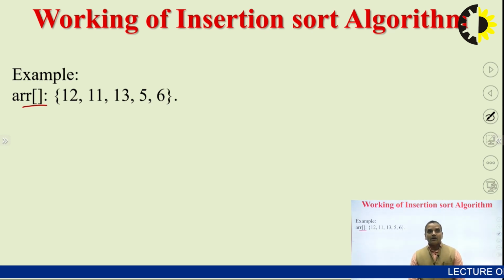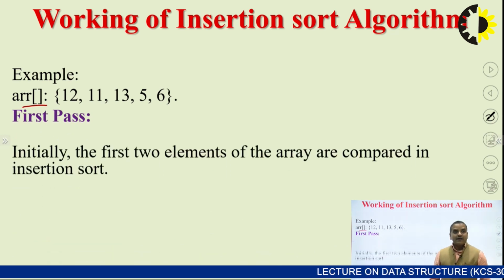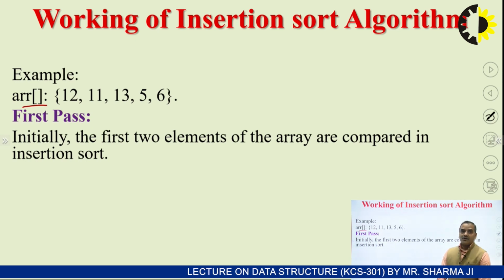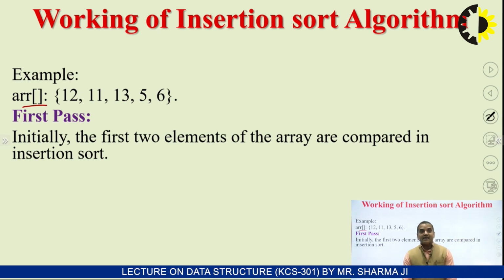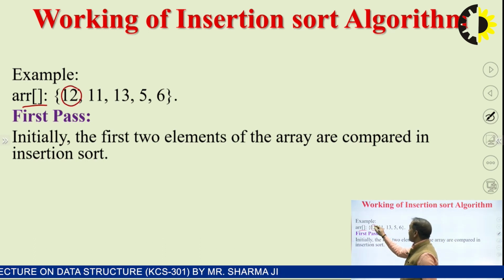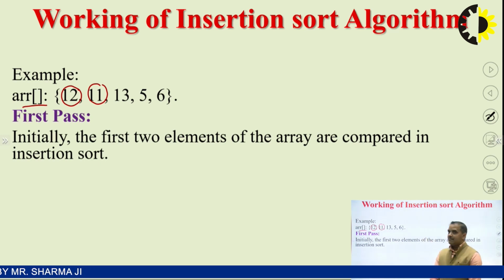For the ascending order, we take pass 1. In pass 1, initially the first two elements of the array are compared in insertion sort. First we take 12 and 11 and compare them. If 12 is less than the second element, then there is no sorting.